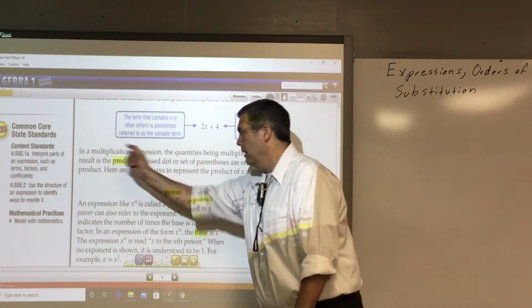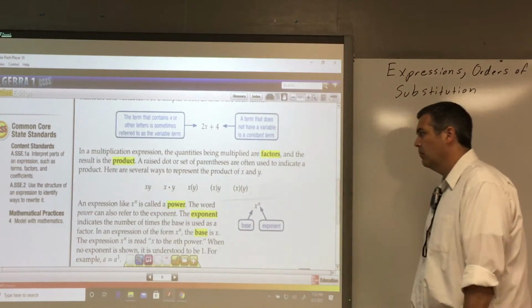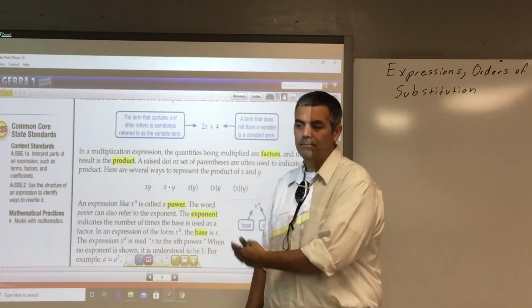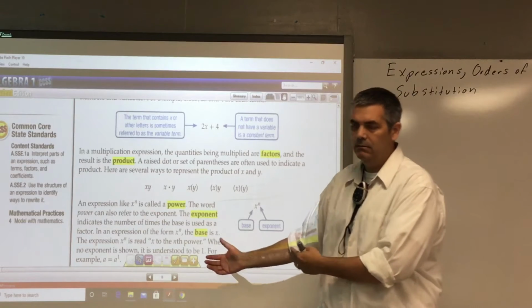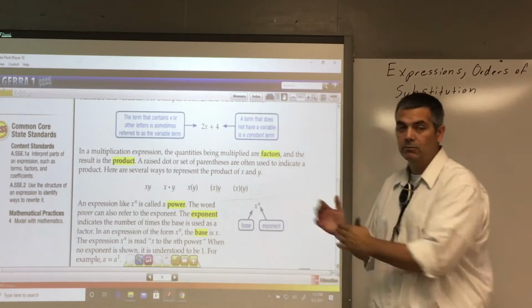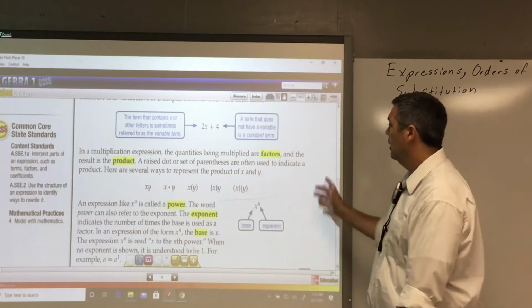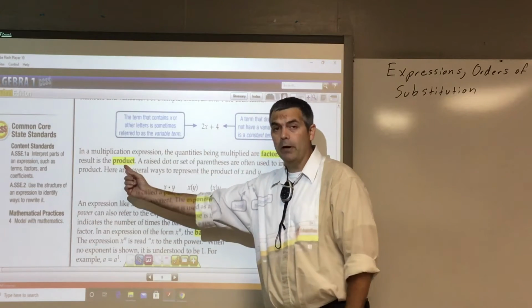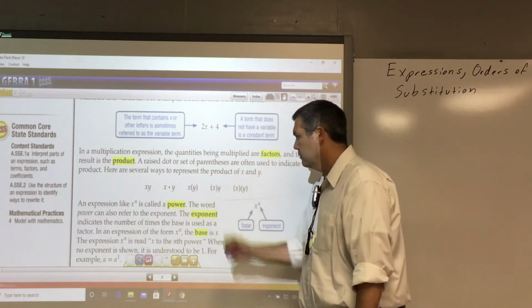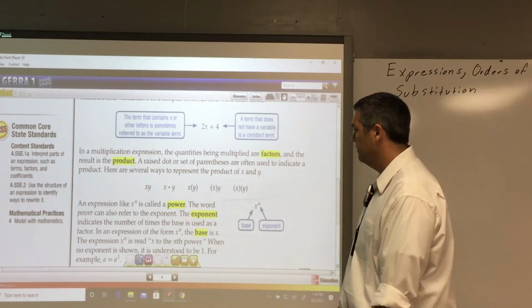In a multiplication expression, the quantities being multiplied are factors. So if you have 2 times 8 equals 16, the 2 and the 8 are factors of 16, and the result, the answer to a multiplication problem, is the product.